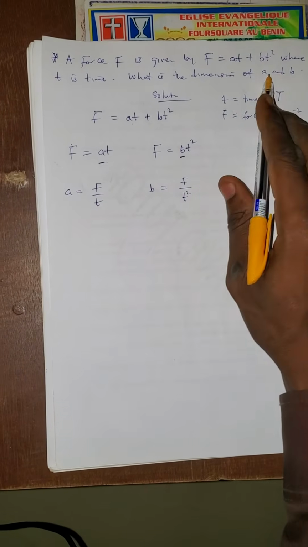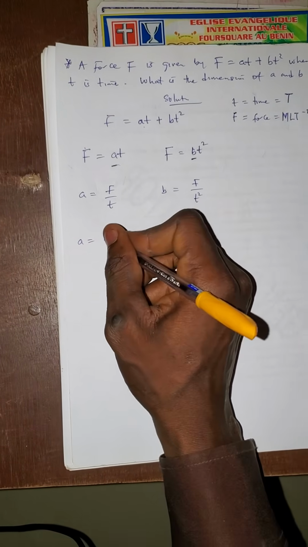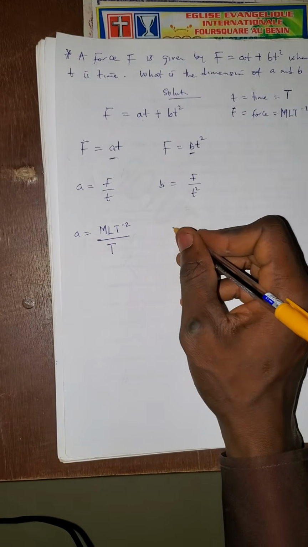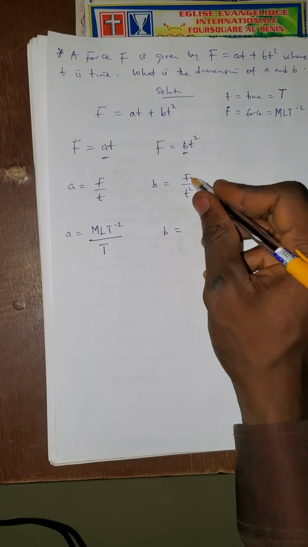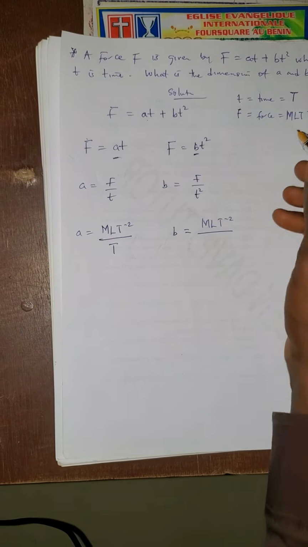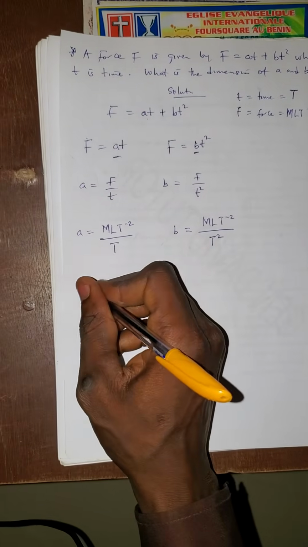So we are asked to find the dimension of A and B. So A here will now be dimension of F, which is force, mLT raised to power minus 2 over time, which is T. And dimension of B will become force, mLT raised to power minus 2, all over our T here, capital T, all squared. Now let us balance this.